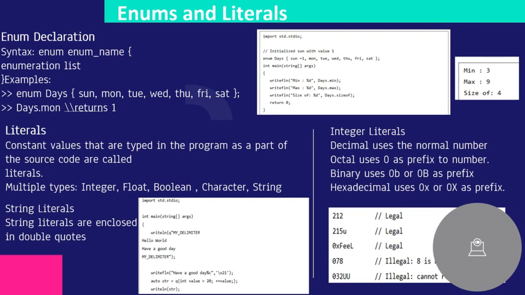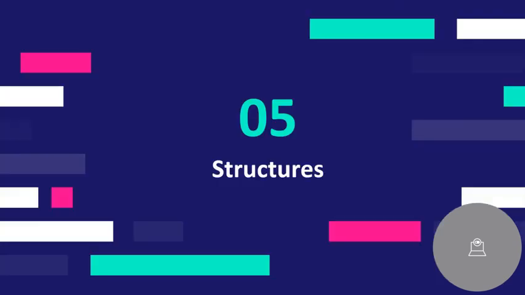You cannot use digits that are greater than 7 within it because it's octal, so it will only take digits from 0 to 7. Binary integers are defined using the 0b prefix, and hexadecimals use the 0x prefix. These have legal and illegal parts, like you can see in this slide.